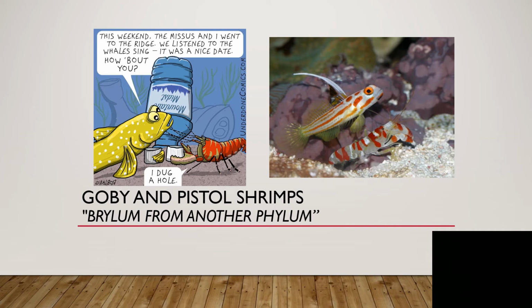If there's a predator coming, the goby would whip its tail to let the shrimp know there is a predator nearby, so come back into the hole. And then the shrimp, to keep its presence known, would use its antennae to touch the goby every now and then to bond.